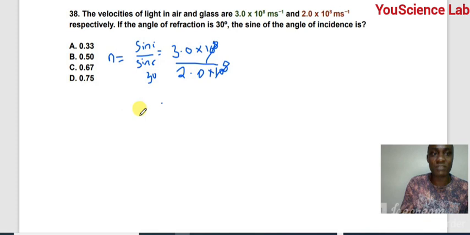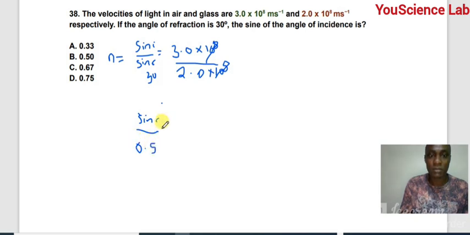So I'm going to have sine i over sine 30, which is 0.5, equal to 3 divided by 2, which is 1.5. So sine i is going to be equal to, I'll just cross multiply from here, 1.5 times 0.5. That's going to give me 0.75.